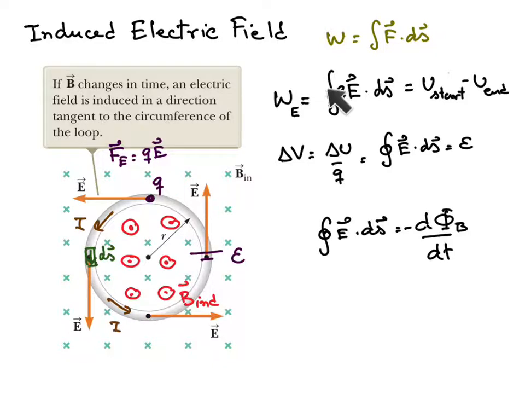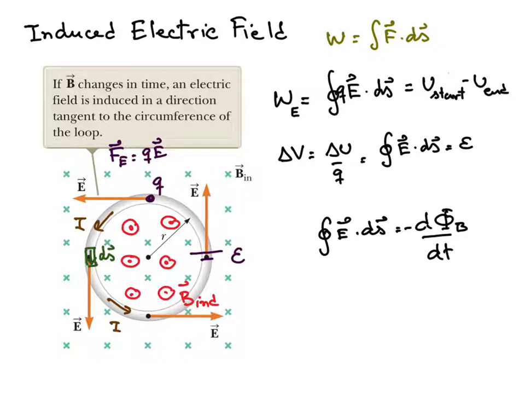So the work done by the electric force is equal to the integral of QE dot ds, which is equal to the change of the electric potential energy from the starting point to the end point. In the case of a closed loop, the starting point and the end point are at the same point.